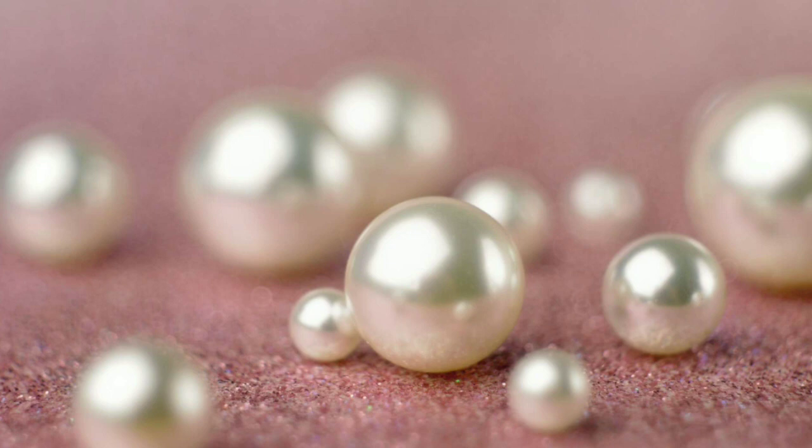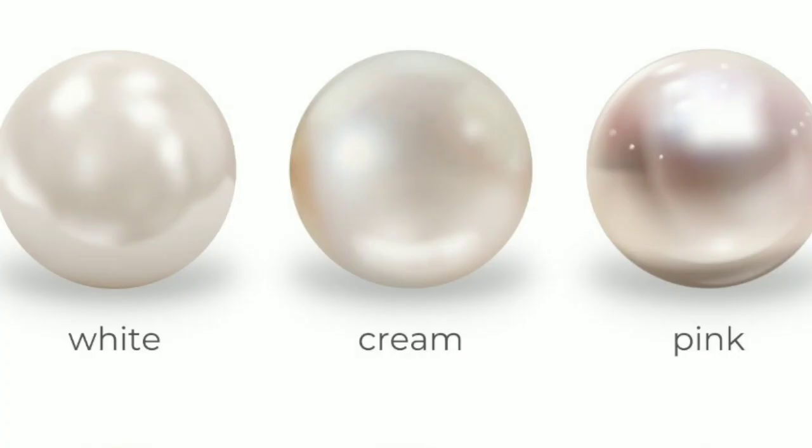Perhaps the best loved gem of all time, pearls, both natural or modern cultured pearl, occur in a wide variety of colors. The most familiar colors are white and cream, light yellow, brown.